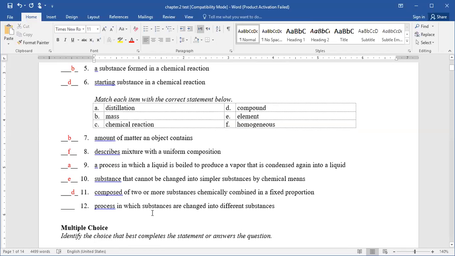A process in which substances are changed into different substances is a chemical reaction.